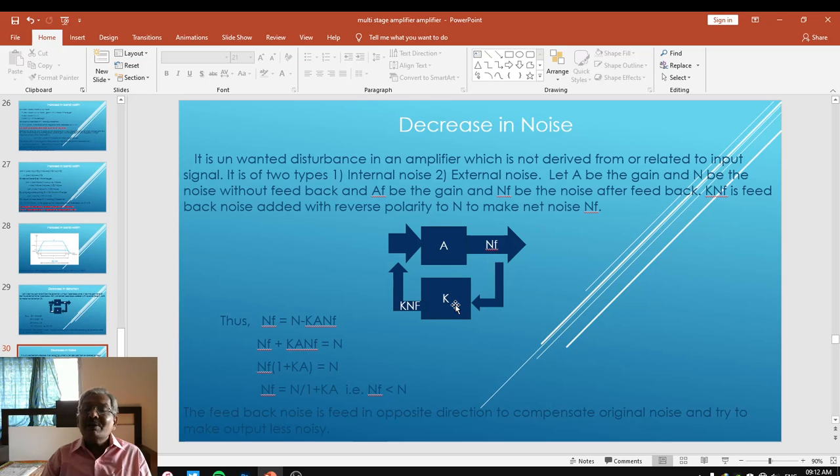The feedback network converts it into part of the feedback signal by multiplying it by K to develop K into NF as a feedback signal, and it is added back to the original noise, that is capital N, with the reverse polarity so as to get the net noise after feedback, which is given as NF equals N minus K into A into NF.